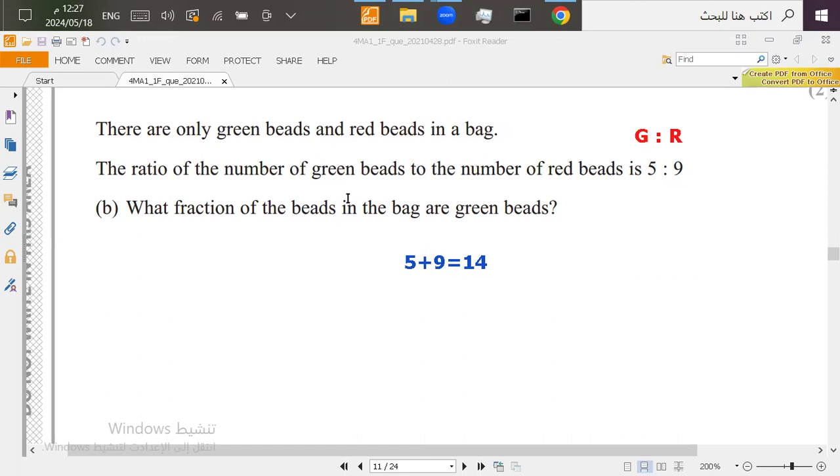Now, they need the green beads, only the fraction of the green beads. The green beads are 5, and the total is 14. So the answer will be 5 over 14. And this is the fraction of the green beads to the total number of beads. And this is how you answer a question like this. Now, let's move on to the next question.